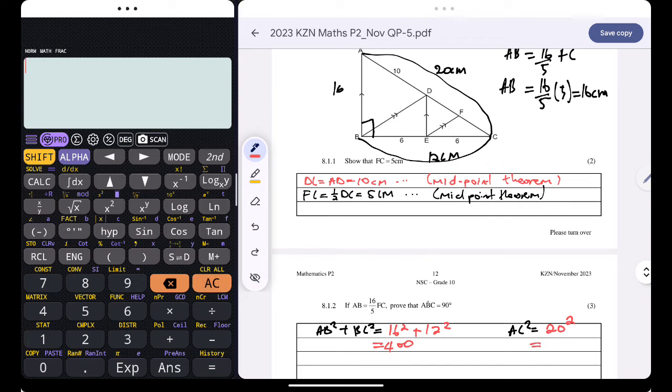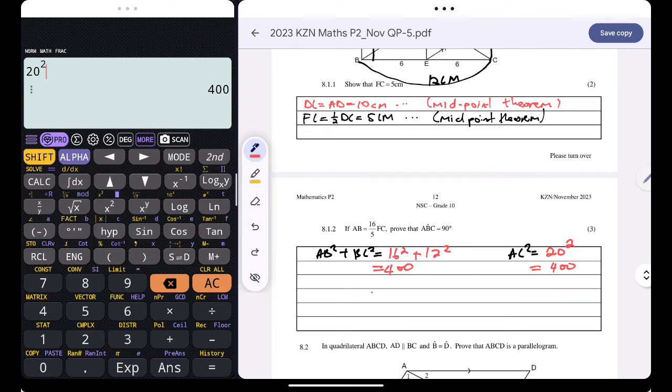So 20 squared also gives us 400. So we can therefore conclude that AC squared is equal to AB squared plus BC squared.